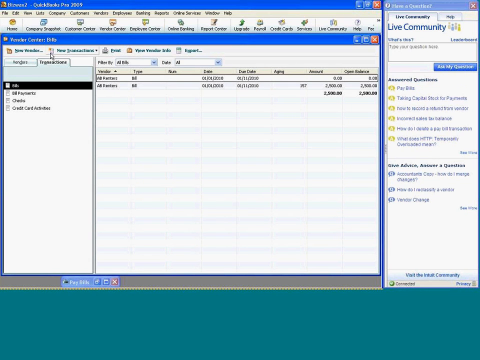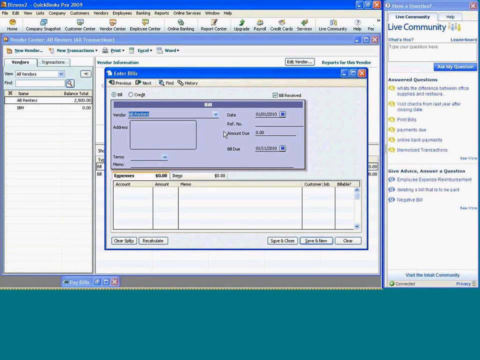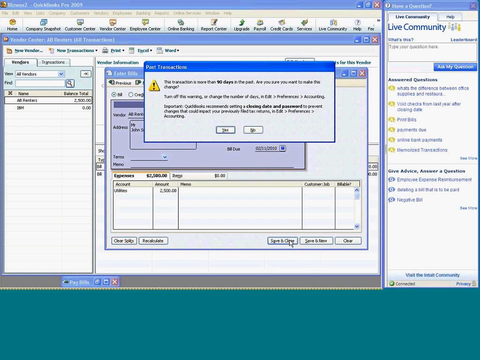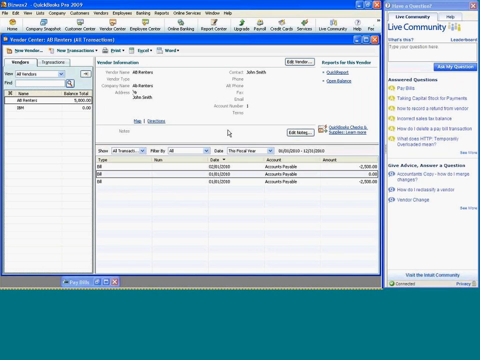Okay, now I can do it because I'm in the vendor. And now we have a second bill.